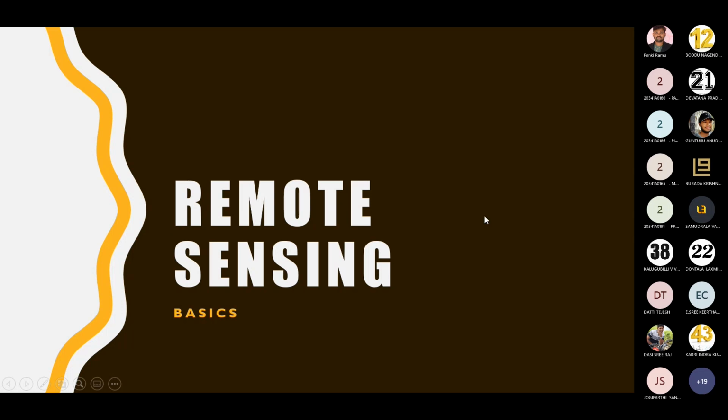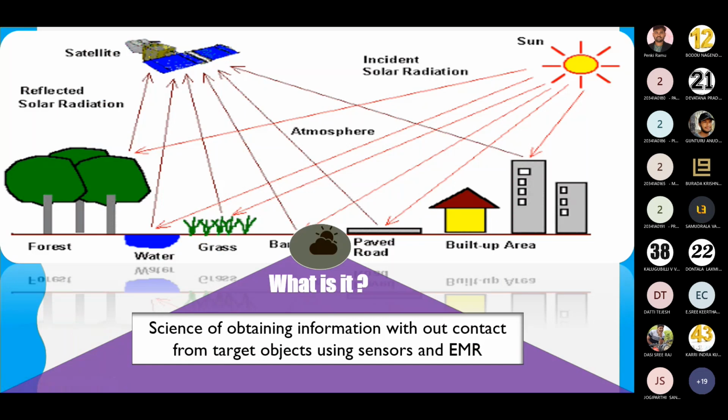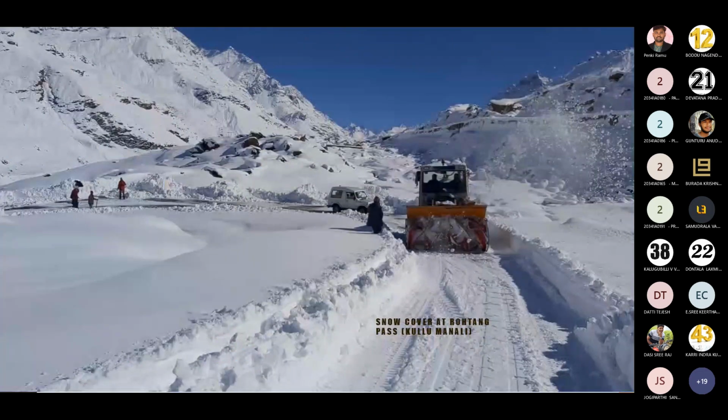But if you look at the problem, these cryosphere components are present in extreme climatic zones. If you look at this picture, for example, you can see how thick the snow is, and the temperature is going to be very low. If you want to perform any study or get any measurement, it is going to be very difficult.